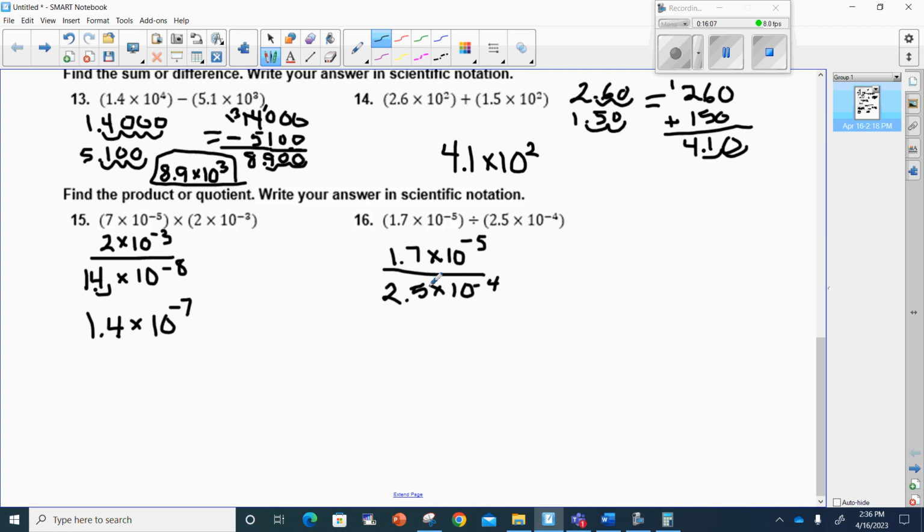To solve this, I'll be dividing this from this, but I'm also dividing these. I'm going to move my bigger negative number, which is a smaller number, here. So when I put these together, this will be 10, because we're keeping it in scientific notation, 10 to the negative 9 power.